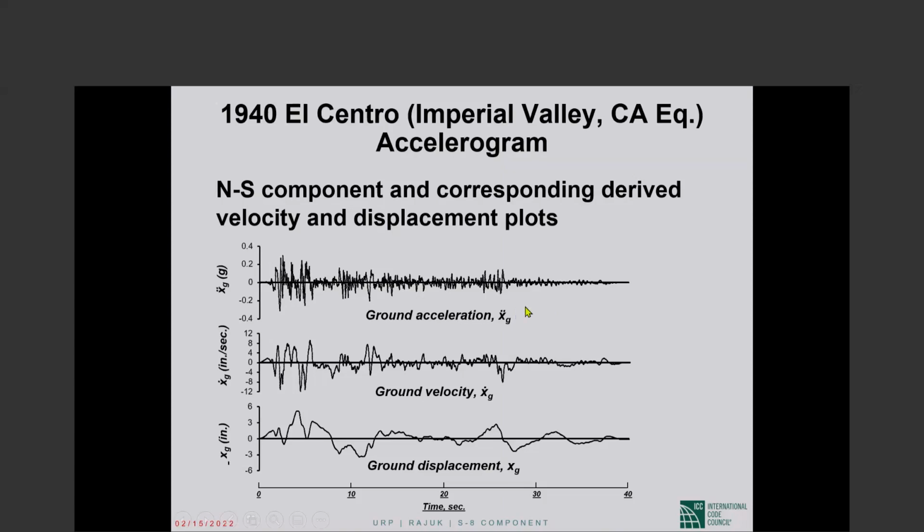The top is the accelerogram of the north-south component of the ground motion. Okay, so there was an east-west component measured, the history of which would look different, and a vertical component also measured. What we are showing you is the north-south component.